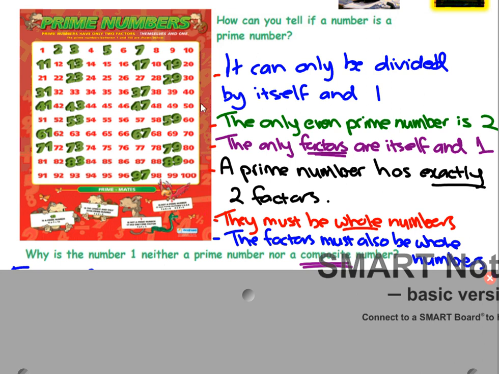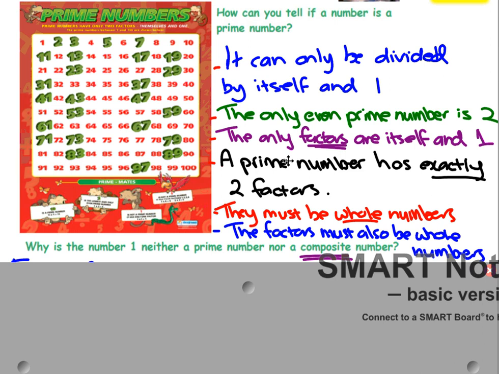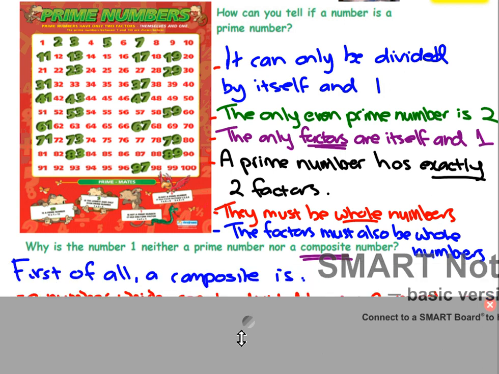The green ones are prime. If a prime number has exactly 2 factors only, 1 and itself, then a composite number has more than 2 factors, is a way you can look at it.